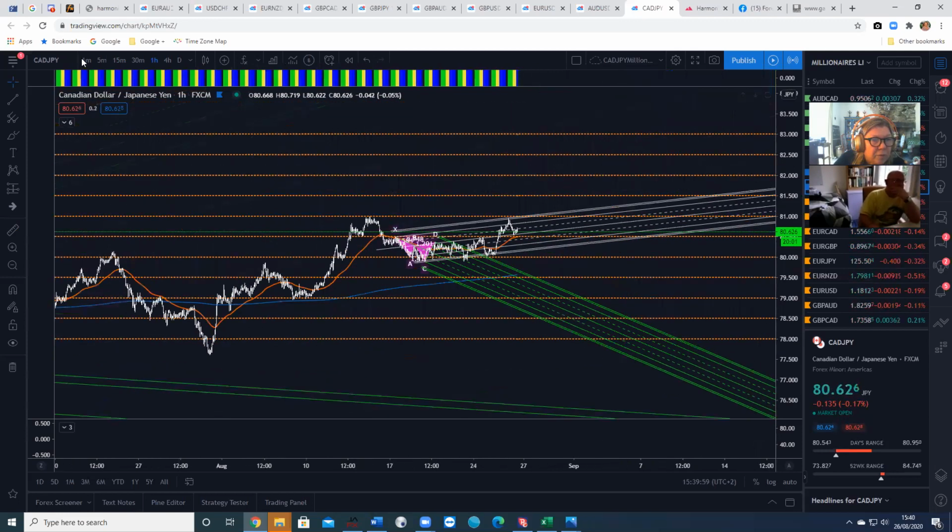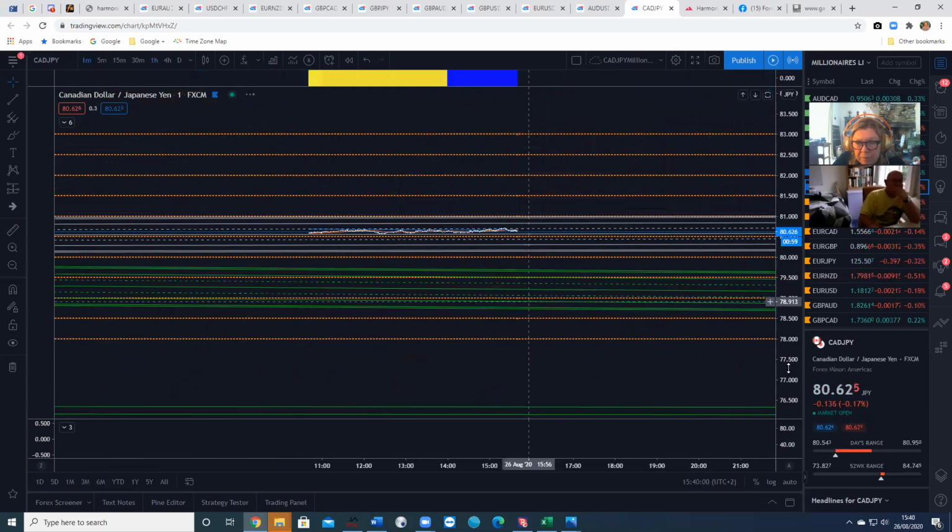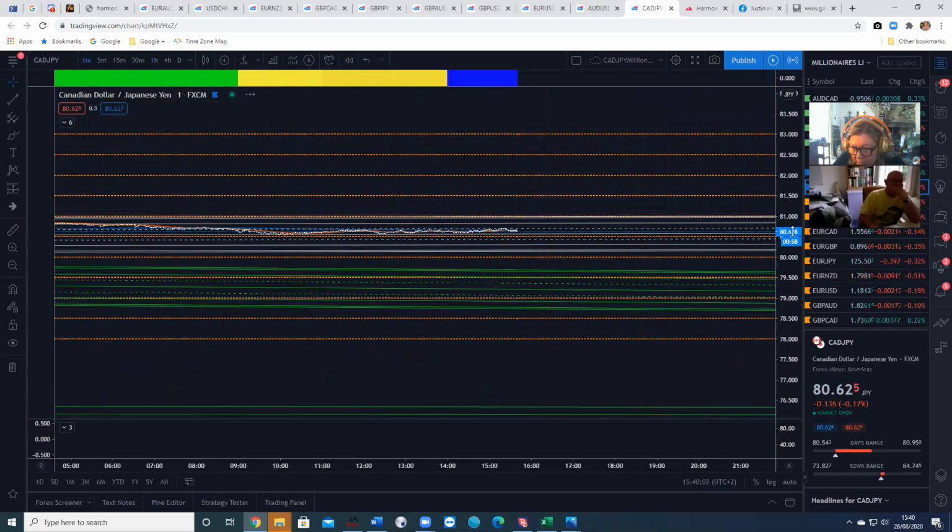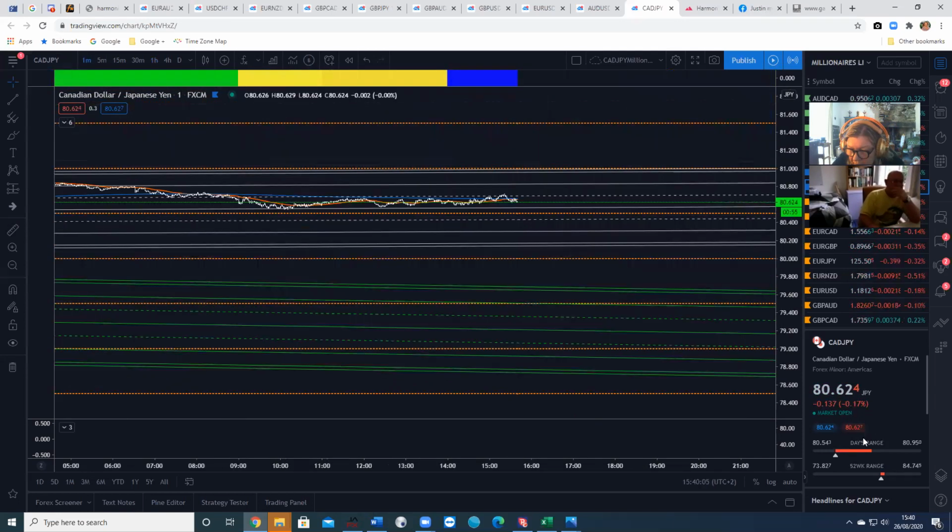I'm not trying to predict what's going to happen, I don't know, but I like to see the parameters. You can see it down here on the days range. I do look on this right hand side. At the moment it's in the selling. 80.54 was its lowest, and the highest 80.95. The 52-week range is sitting nearly up at 84.75.